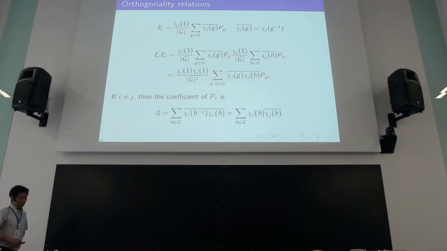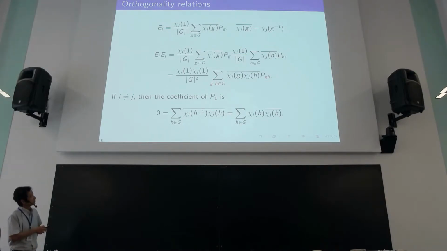So to get the coefficient of the identity matrix, of course, the left-hand side is the 0 matrix, so that is 0. What is the coefficient of the identity matrix, P_1? Well, then you have to impose the condition that g has to be h inverse. So really, this sum becomes a sum over h only, and g is replaced by h inverse.